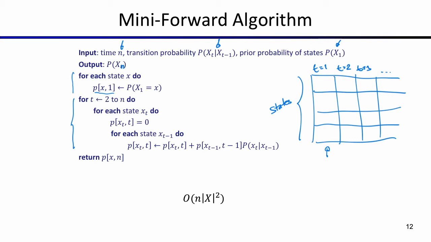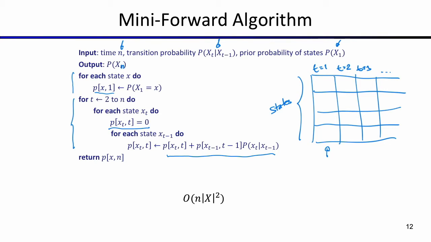We initialize the values in one specific column t with 0, and we accumulate the sum, and this is basically the equation that we had in the previous slide.